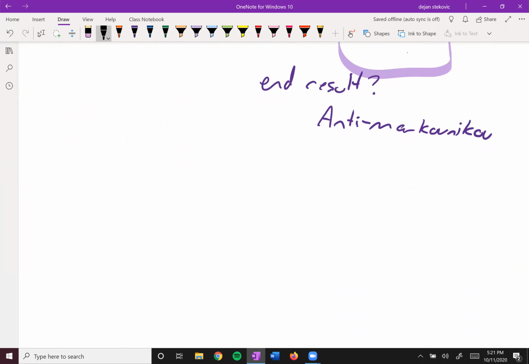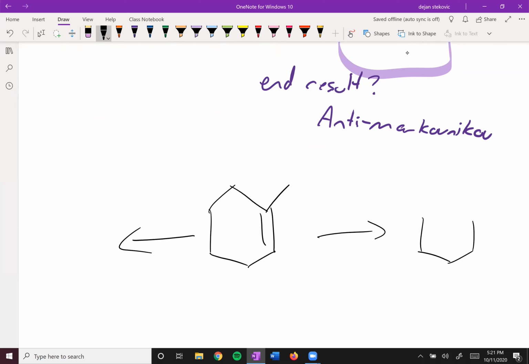And so you can see how using different reagents, we can get the product that we desire. If we start off with an alkene that is not symmetric, we can insert a bromine on whichever side of the alkene we want. We can put that bromine on the less substituted side, or we can put that bromine on the more substituted side.